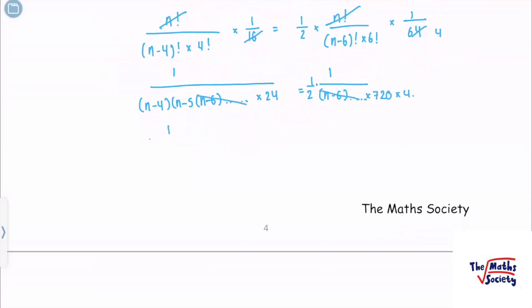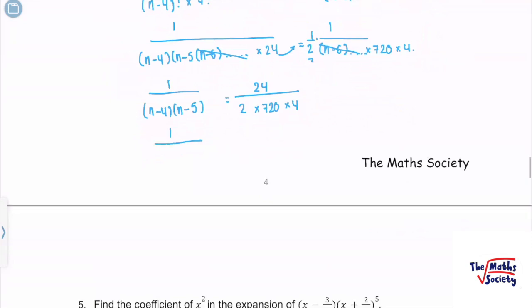So you have 1 by n minus 4, and then n minus 5. And then 24, you go that way. So it's going to be 24 by, here you have 2 left. 2 multiplied by 720 multiplied by 4. So then you'll have 1 by n minus 4, n minus 5. Solve this, and you'll get 1 by 240.